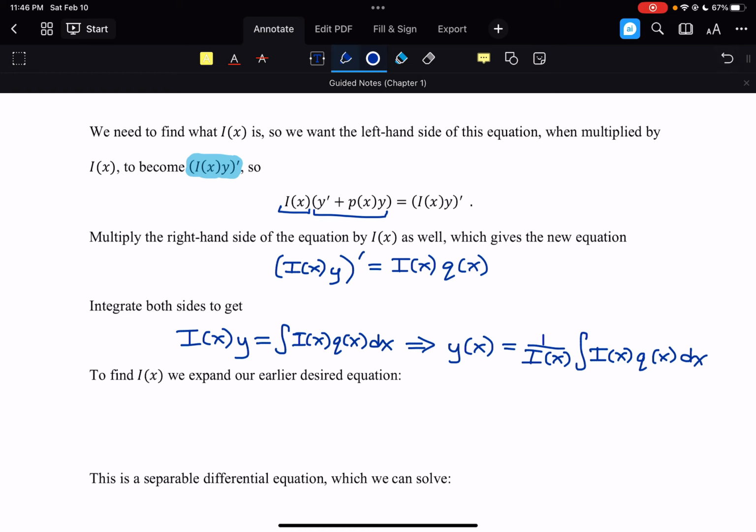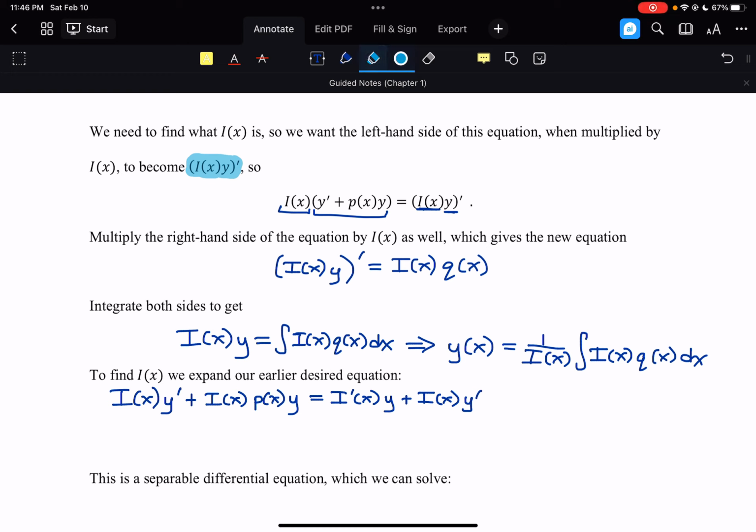So if we distribute, we get I of x times y prime plus I of x times p of x times y equals, on the right-hand side, we use the product rule. We have a function of x times a function of x. So that's going to be I prime of x times y plus I of x times y prime.